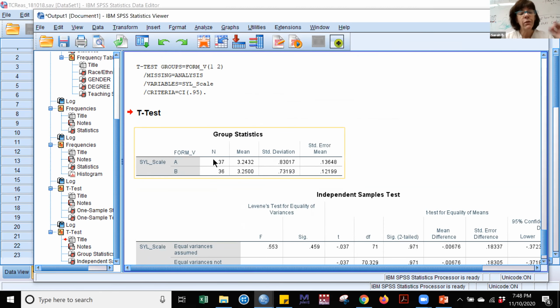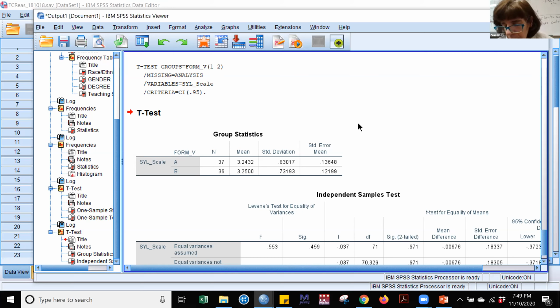One person in Form A, see, something you should know. One person in Form A did not answer the syllogism questions. So our N for this test is 73. And you would want to say that. If you were doing all of these tests and you said, oh, I'm going to test against the target value for age of 25, N equals 74.